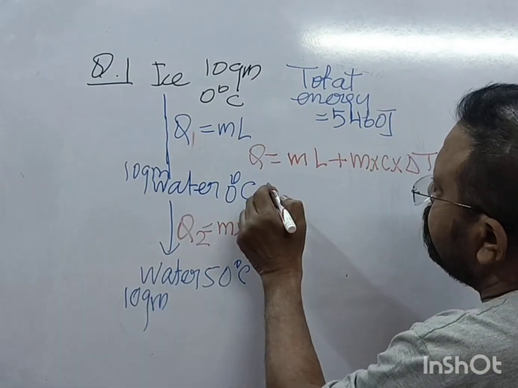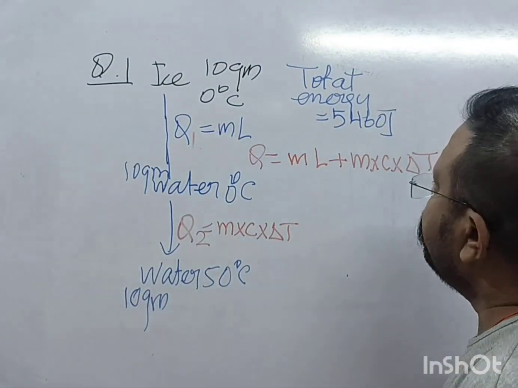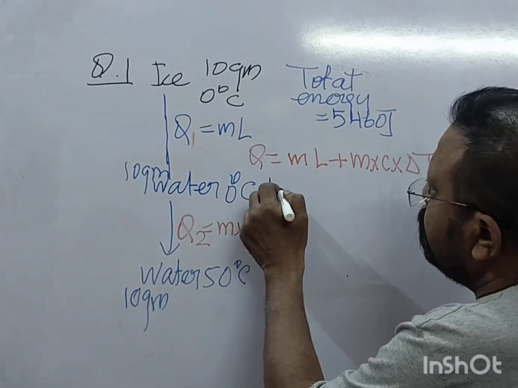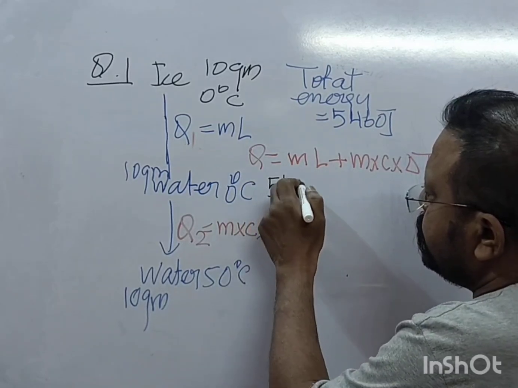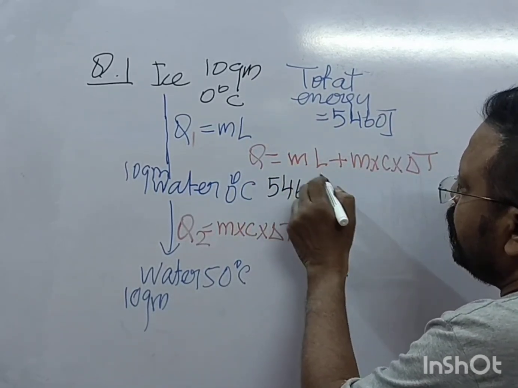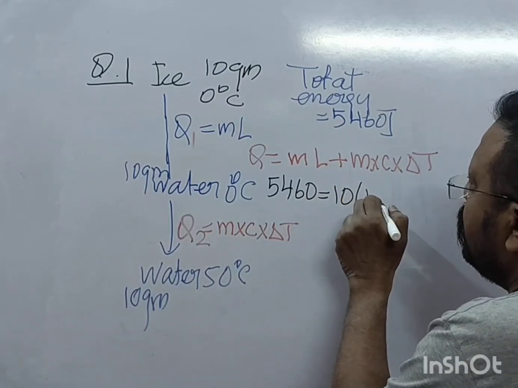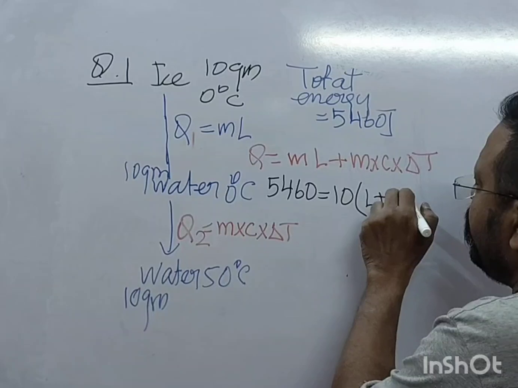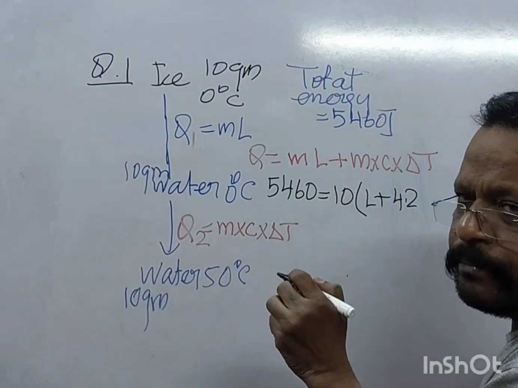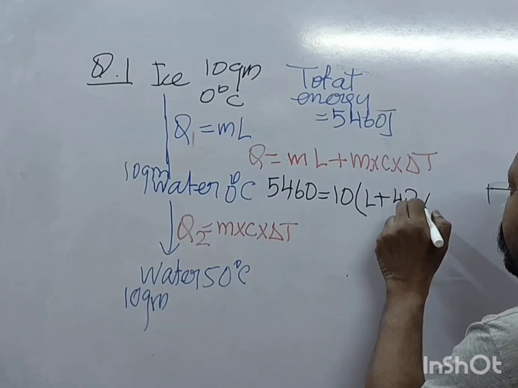And that is given to you. 5460 joule is equal to, if you take 10 as common, bracket L plus C is 4.2 joule per gram into change in temperature, 50 degree.